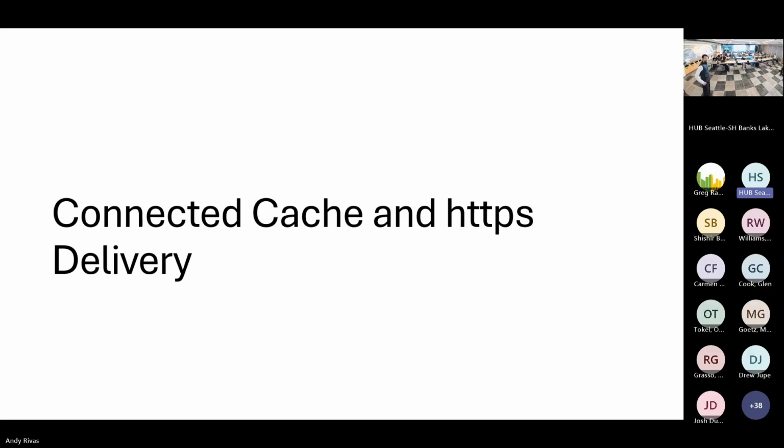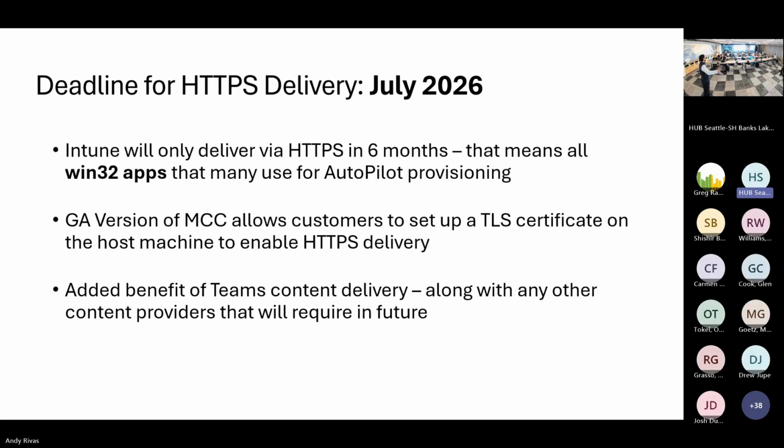Yeah. As Andy mentioned, we deliver via HTTP currently. But one of the big pushes for this next year is to support HTTPS delivery as well. Now, some of you may not be familiar with MCC, but you are familiar with HTTPS delivery. MCC is in a unique position where we have a container that's not necessarily on the host machine or necessarily associated with the host machine.